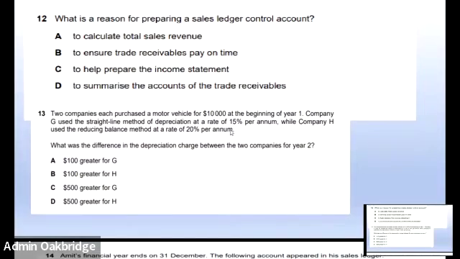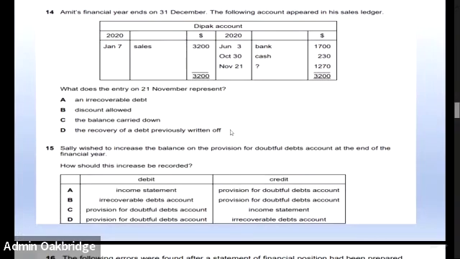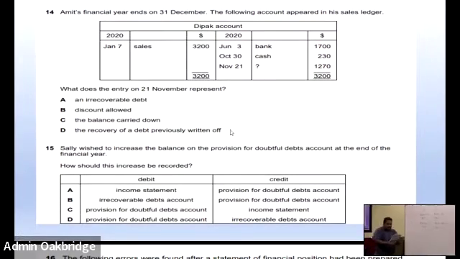Yes, no? Amit's financial year ends on 31st December. The following account appeared in his sales ledger. So if it appears in his sales ledger, automatically, who is Deepak? Credit? Who is Deepak if it's the sales ledger?